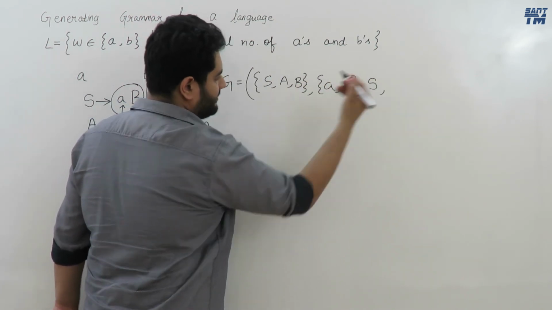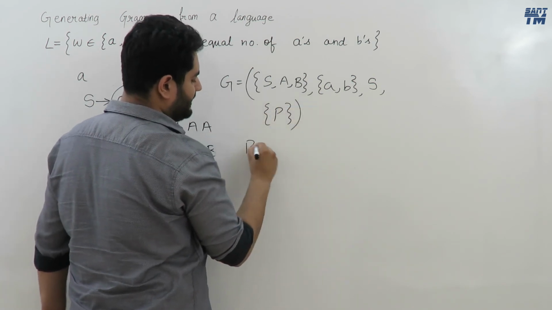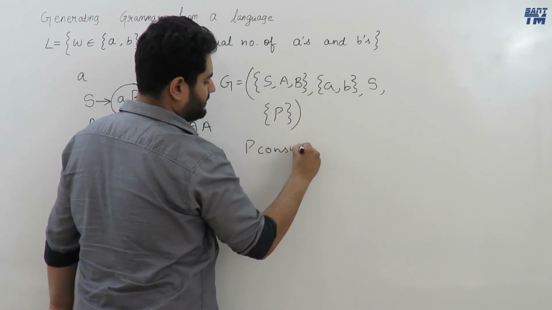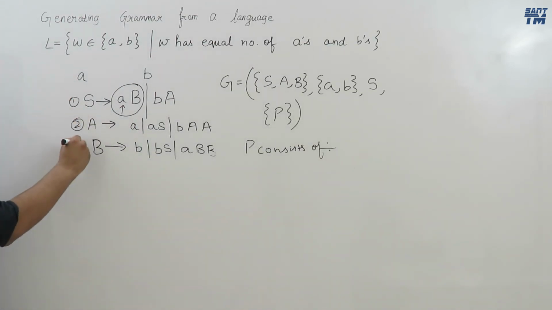S is our start symbol and P is the production rules, where P consists of these three productions, 1, 2 and 3. So I hope this example is also clear to you. Whatever examples I have taken in this video are clear to you, and now you are fluent in generating grammars for a given language.